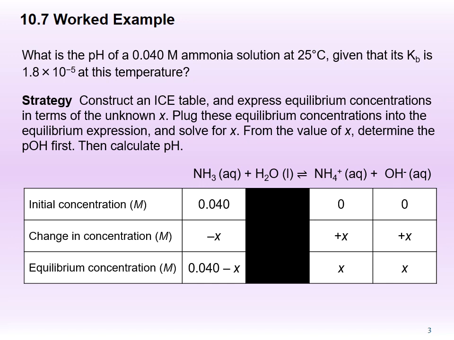Therefore, it is a weak base, which means we should construct an ice table where we eventually express all equilibrium concentrations in terms of the unknown x. Plug these equilibrium concentrations into the equilibrium expression for Kb and solve for x. From the value of x, determine the pOH first, then calculate pH.